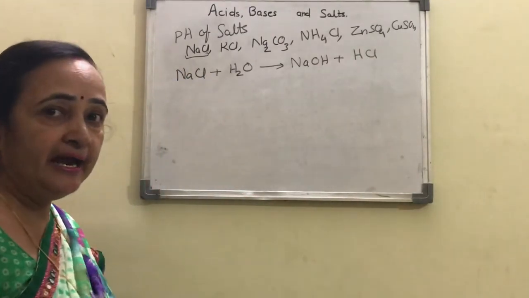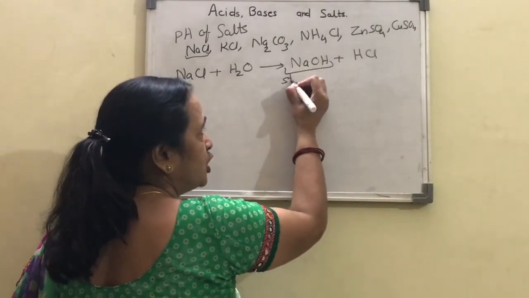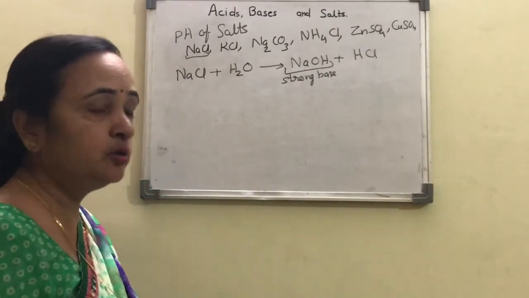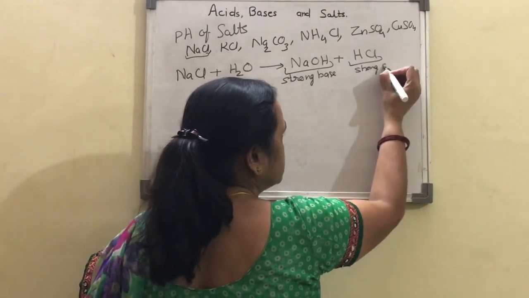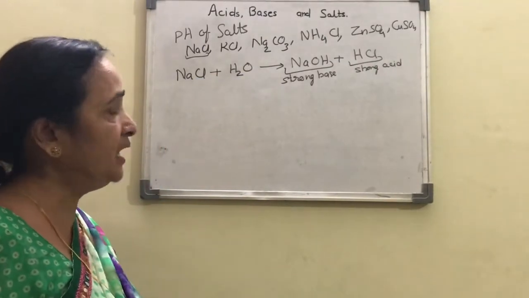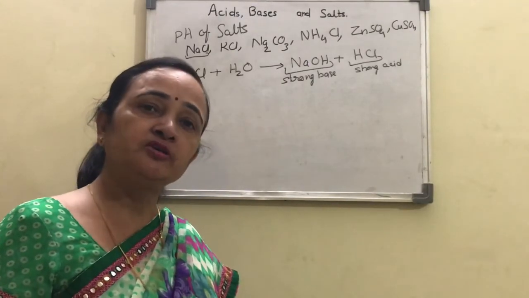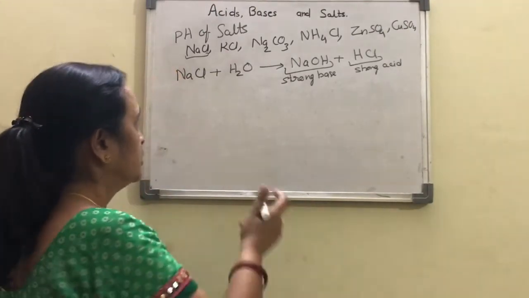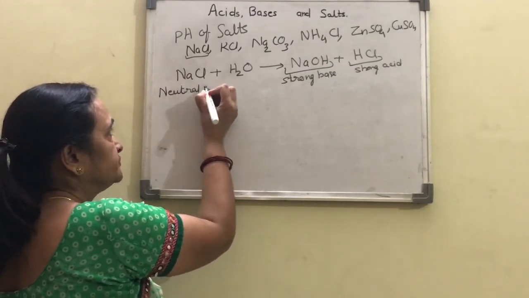If you carefully observe, sodium hydroxide is a strong base and hydrochloric acid is a strong acid. So the salt formed here will be a neutral salt, because a neutralization reaction takes place, and because of it the salt formed will be neutral. So this sodium chloride is a neutral salt.